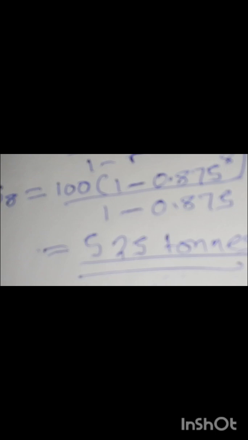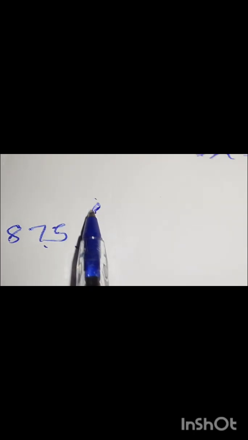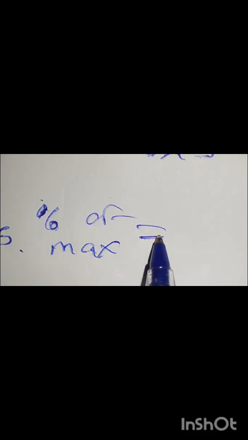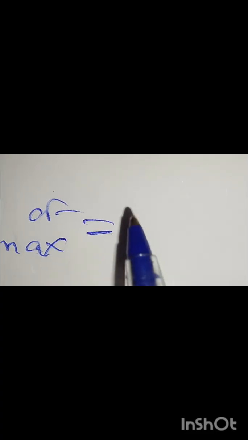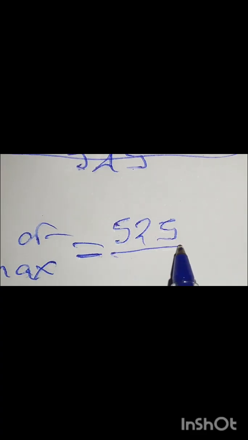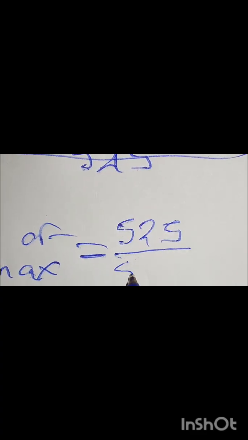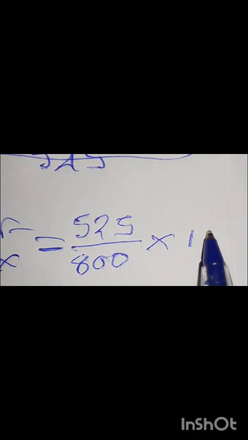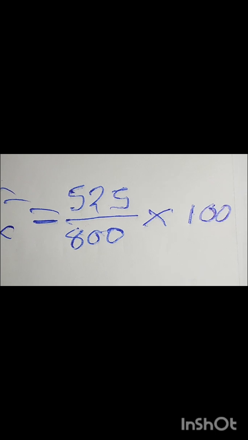So let's find the percentage they extracted out of 800. We're going to use the formula: percentage of max is equal to what they extracted, 525, over the maximum, 800, multiplied by 100, because every percentage is always multiplied by 100.